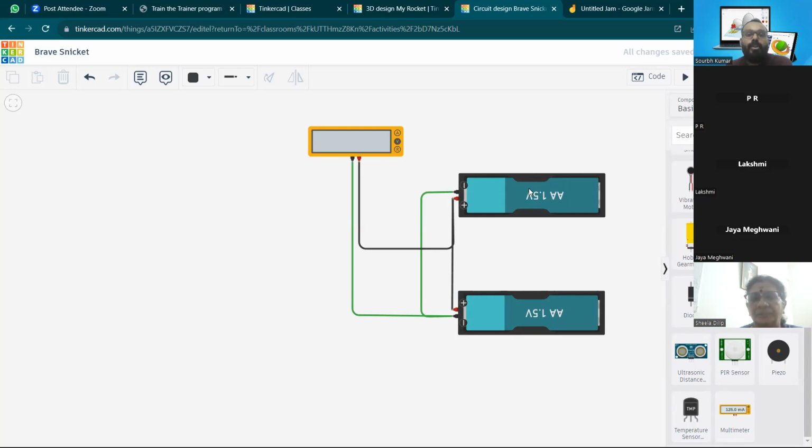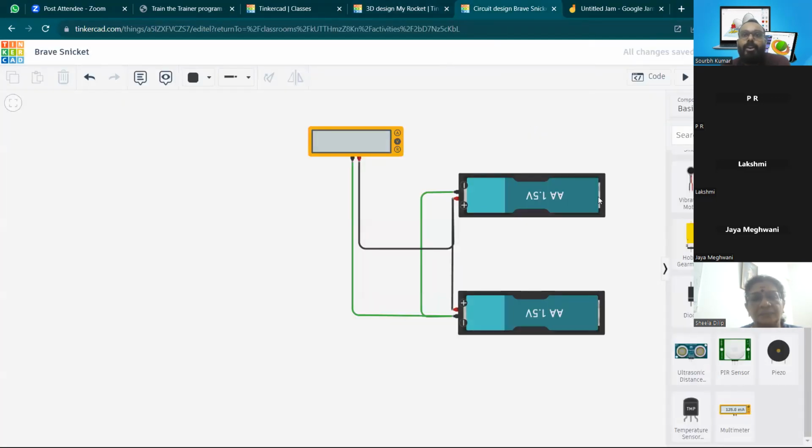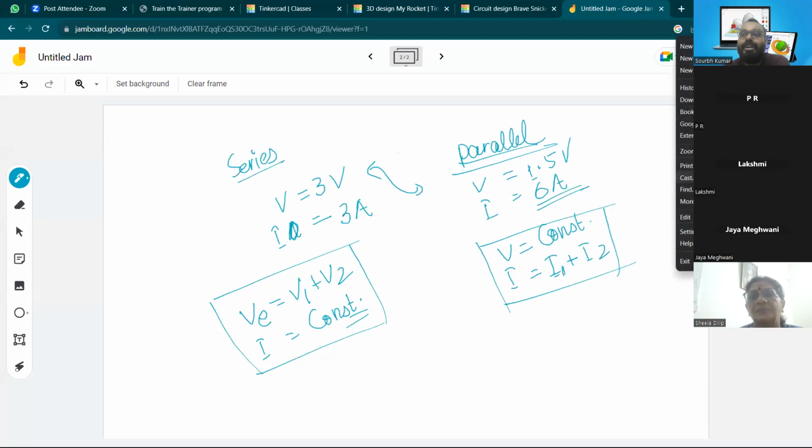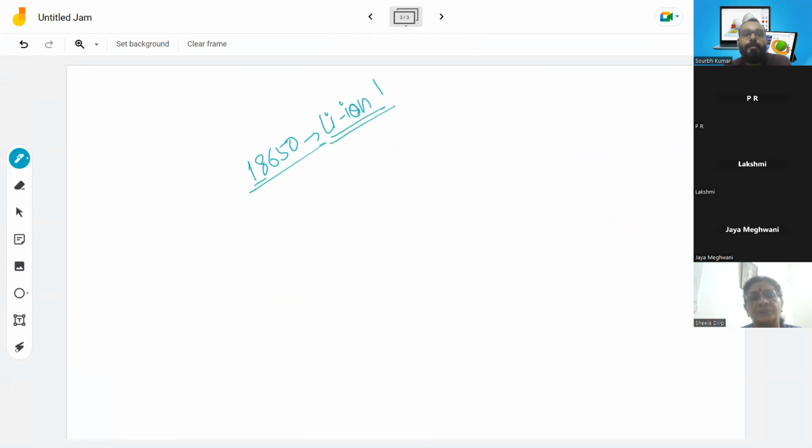So why go for the series connection in batteries? Because whenever we do work in STEM and robotics, while developing any robotics project, you will come to know you have to utilize one battery, that is the 18650. That is the Li-ion battery. It is the most commonly used battery in STEM and robotics.